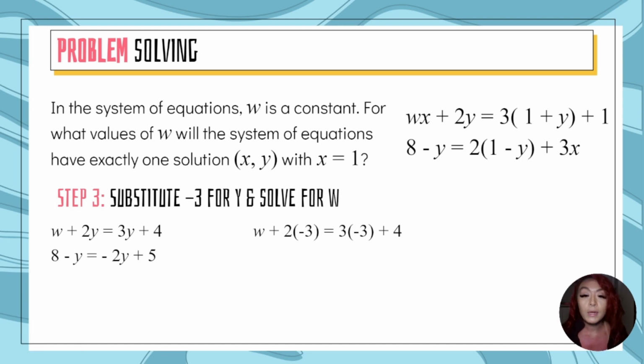So substituting -3 for y, we get w plus 2 times -3 equals 3 times -3 plus 4. Let's simplify. We get w minus 6 equals -9 plus 4. Combining like terms, we get w minus 6 equals -5. And then finally, using inverse operations, we get our answer, w equals 1.